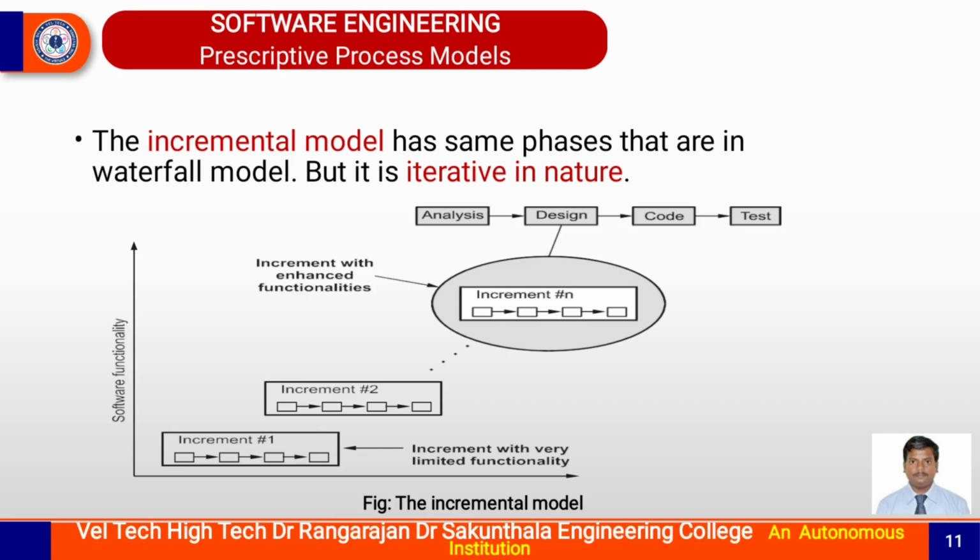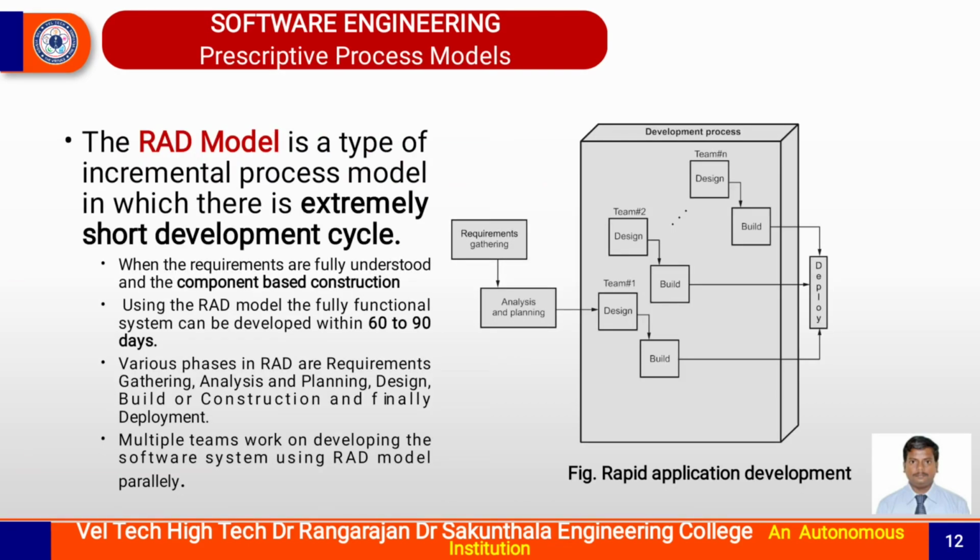In this incremental model, software functionality is based on different time limits, and we have increment 1 to n, where each increment operates on analysis, design, code and test, with enhanced functionalities from increment 1 till the nth increment.